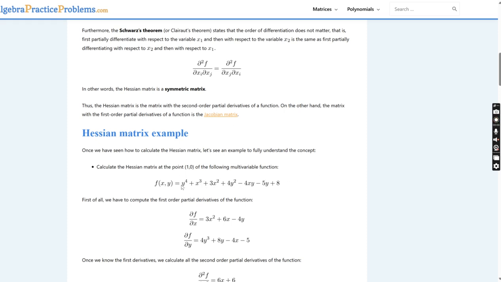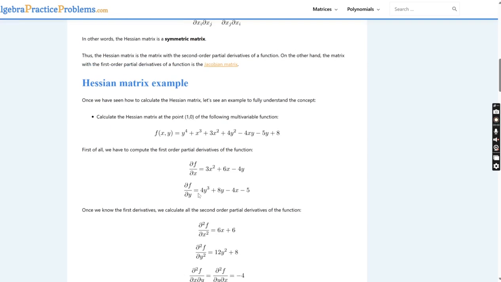So scalar functions means like this. Notice, only x and y terms are there. There is not much complexity here. So if f of x comma y is one equation, you start calculating the first order partial derivative, with respect to x and then with respect to y. This is what partial differentiation means. x you are calculating, y you are calculating separately.